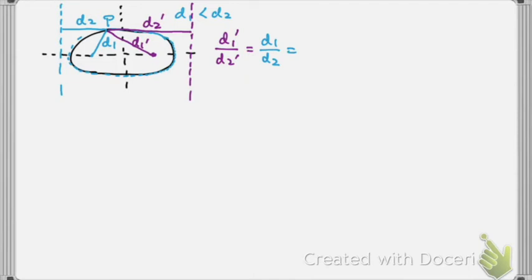So D1 prime divided by D2 prime, because it's the same ellipse, must have the same ratio R. Now let's do some simple calculation. D1 prime must then be equal to R times D2 prime, and D1 must be R times D2.